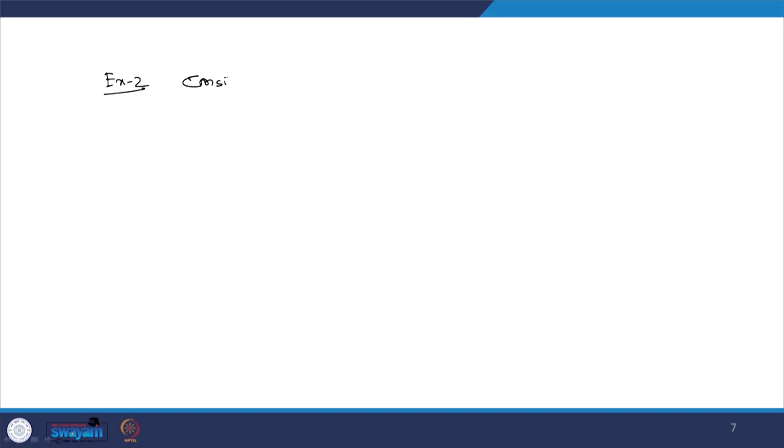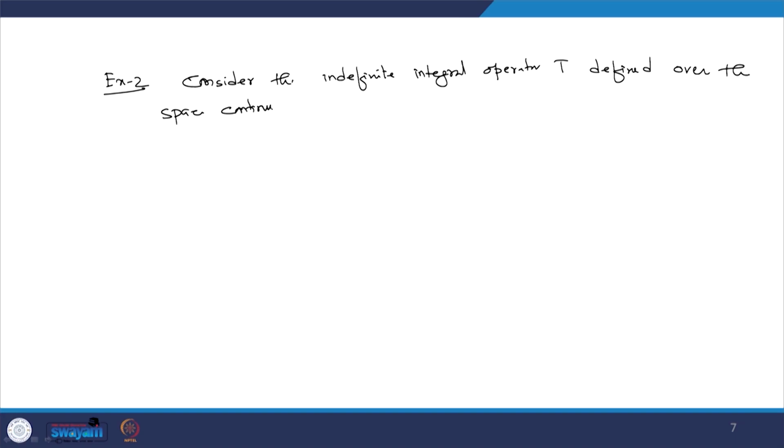Consider the indefinite integral operator T defined over the space of continuous functions in the closed interval 0 1.